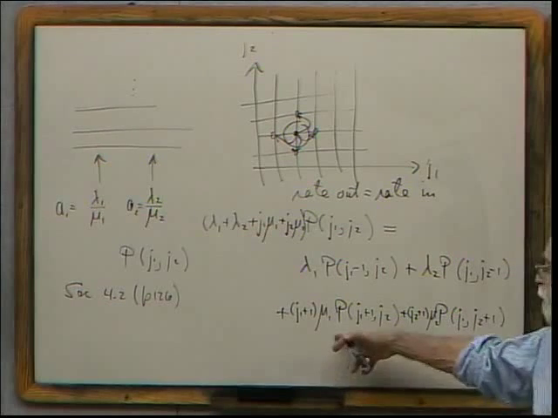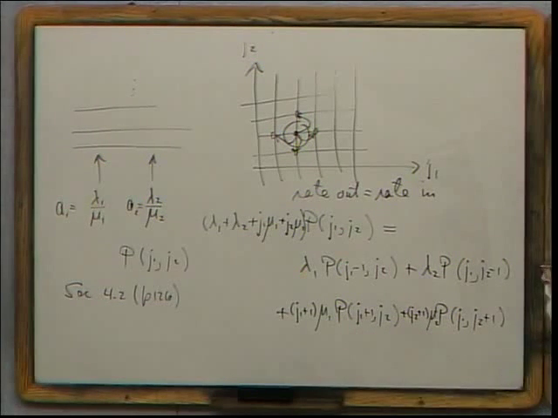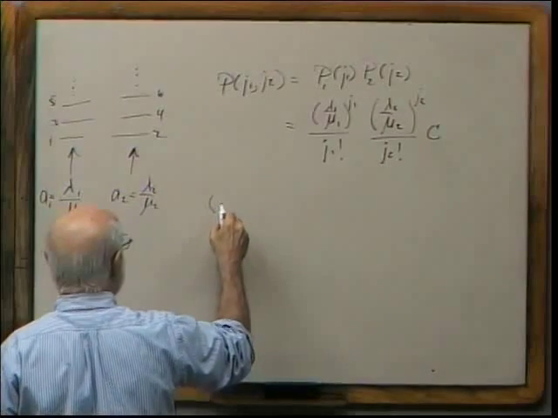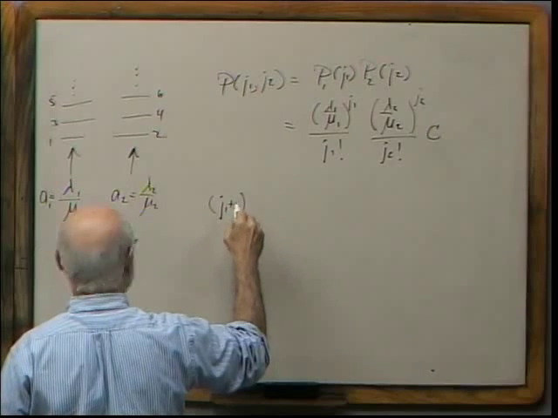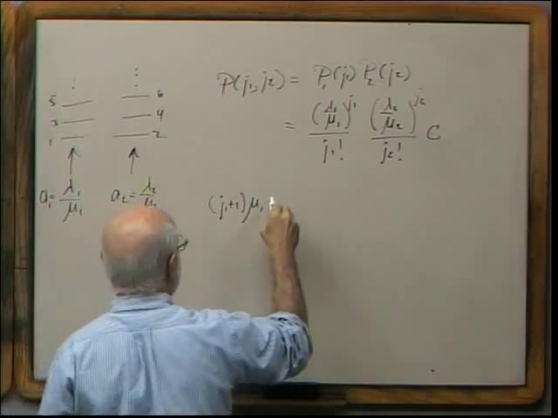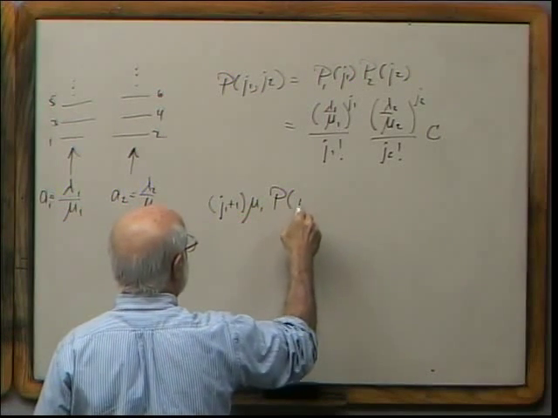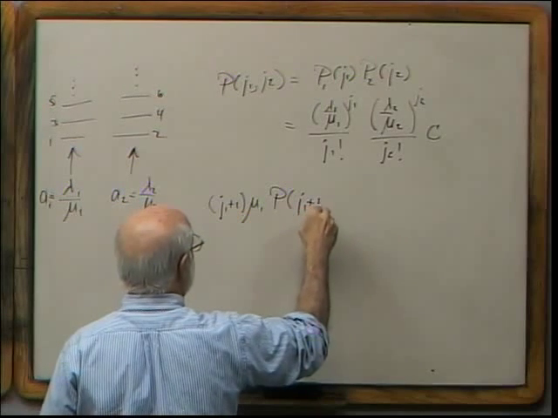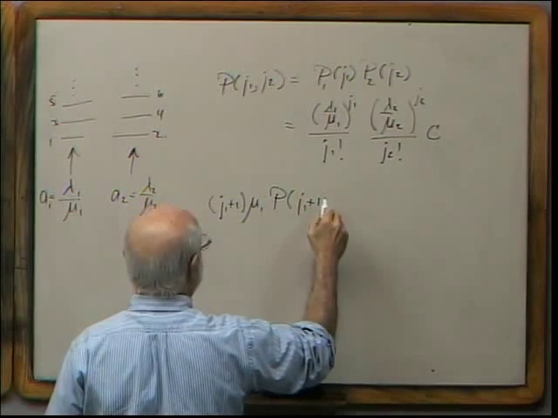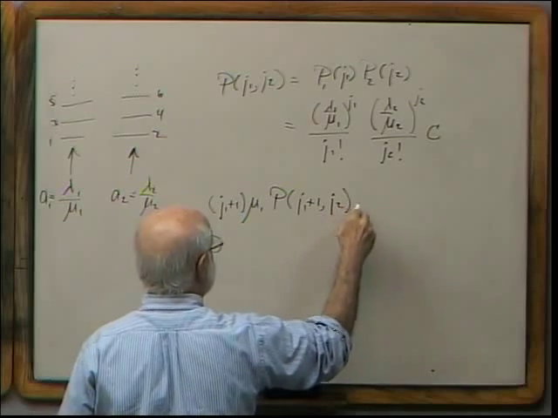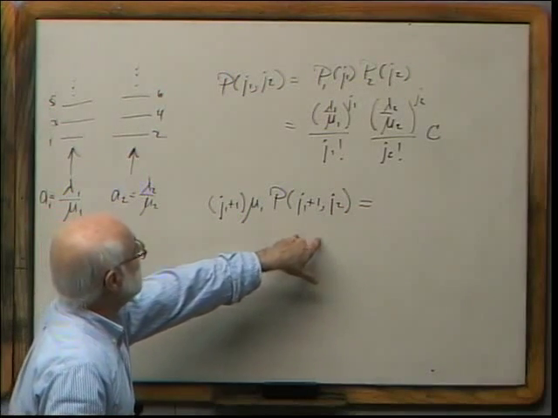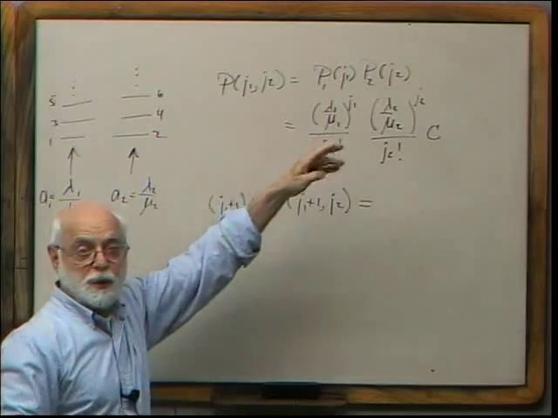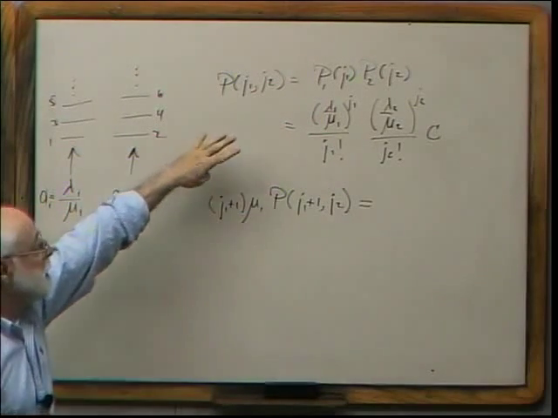Okay. So what I want to do is calculate (J1 plus 1) mu 1 times P of (J1 plus 1, J2), based on the joint probability being given by this formula, which is clearly the correct answer as long as we have an infinite number of servers.